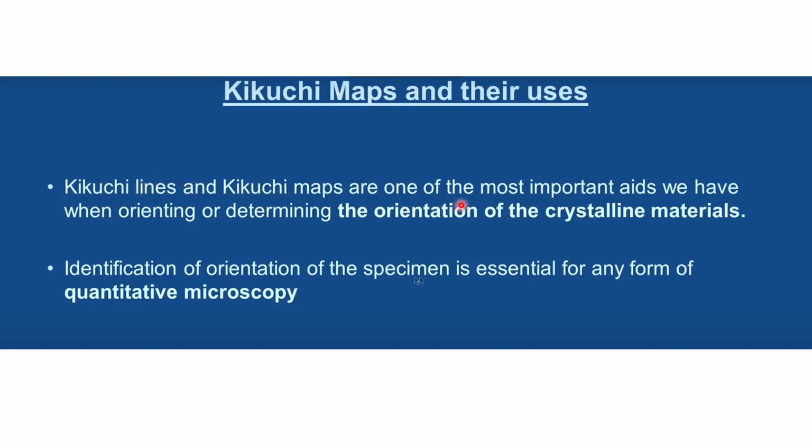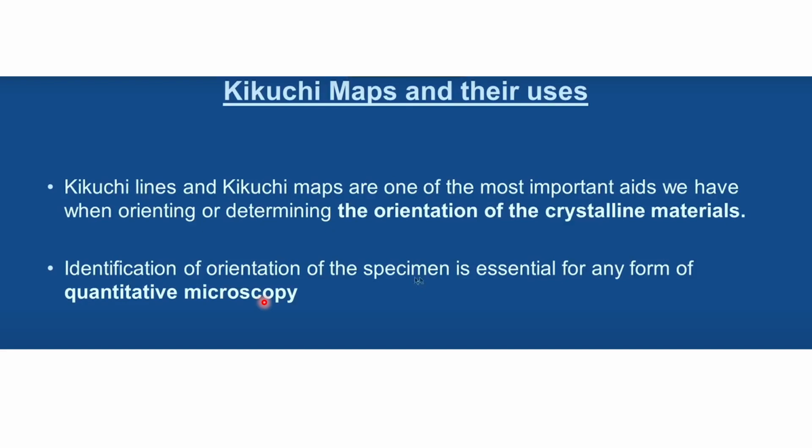Kikuchi lines and Kikuchi maps are one of the most important aids we have when we have to orient our specimen, since identification of orientation in a specimen is essential for any form of quantitative microscopy.